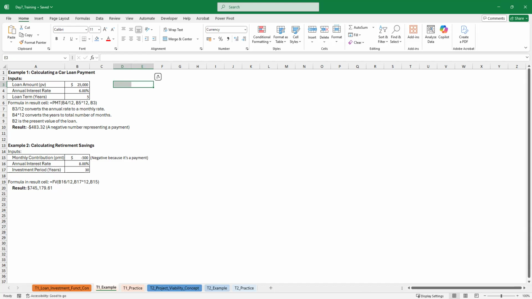Then let us talk about the other function, which is FV, future value. Let us say you are making a monthly contribution of $500, the annual interest rate is 8%, and the investment period is 30 years.